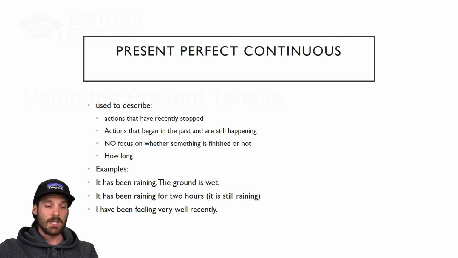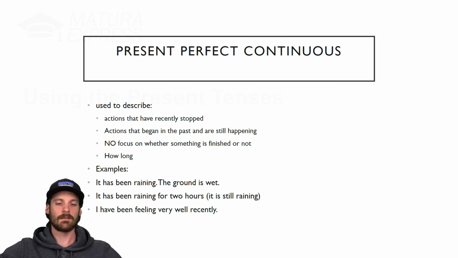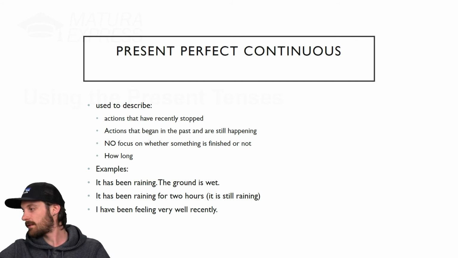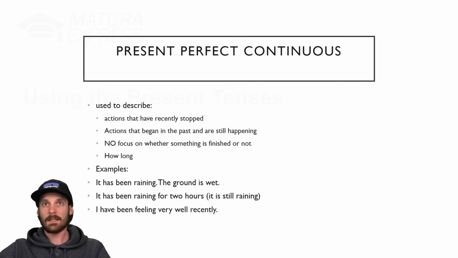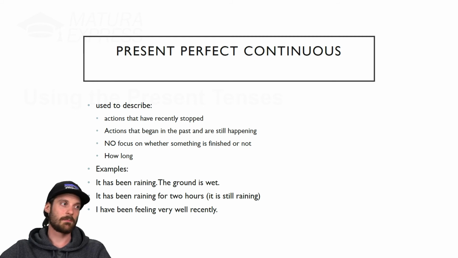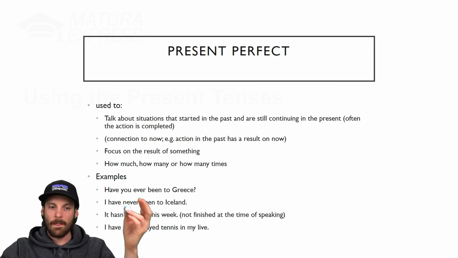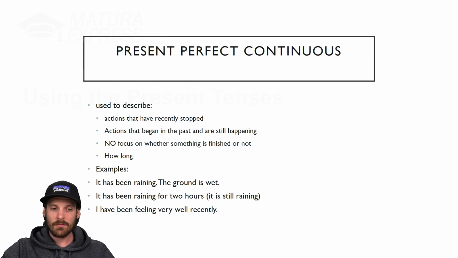But we have no focus on whether something is finished or not. And the most important thing here is that we focus on how long, and not how many times or how much.